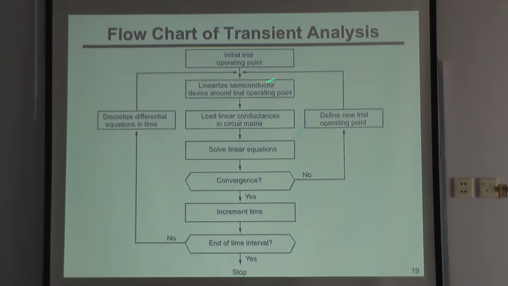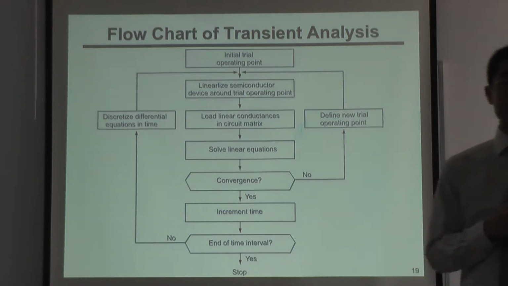So this internal Newton-Raphson nonlinear iteration is inside of the time loop. So at every time step we have this kind of iteration, and then iterate Newton-Raphson again and again. So it takes time compared with AC analysis.